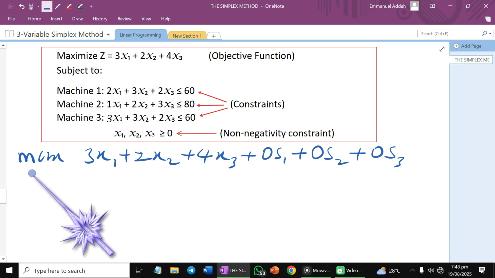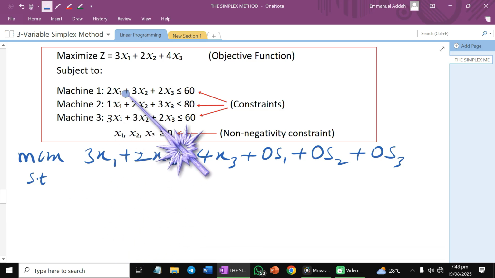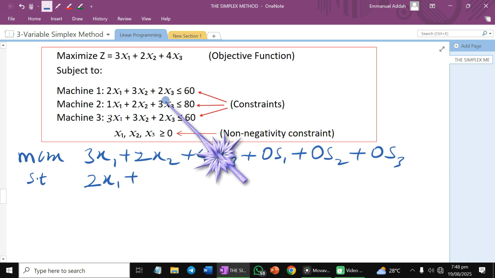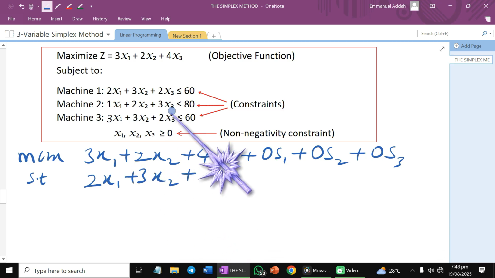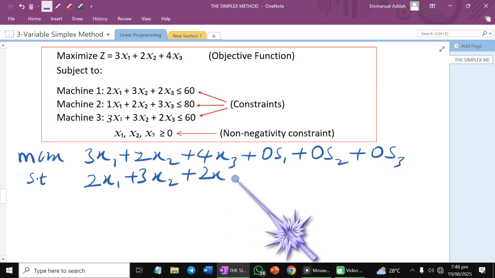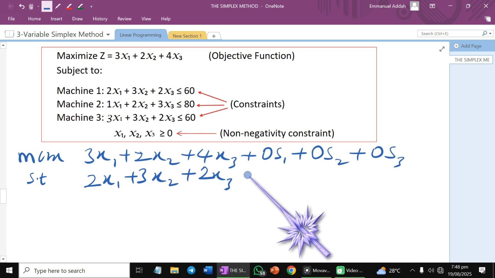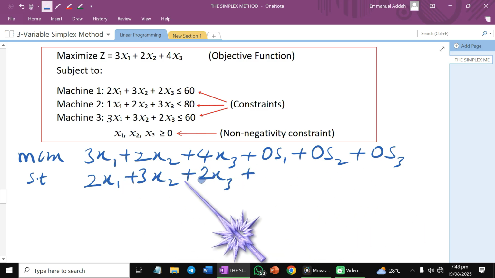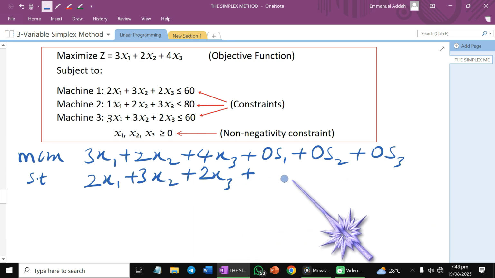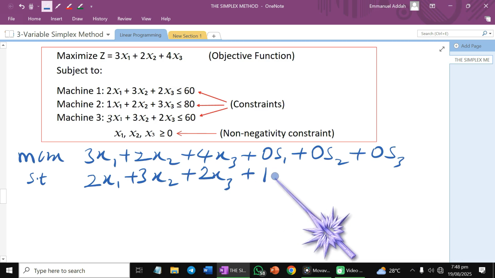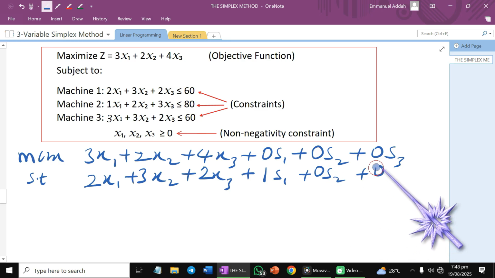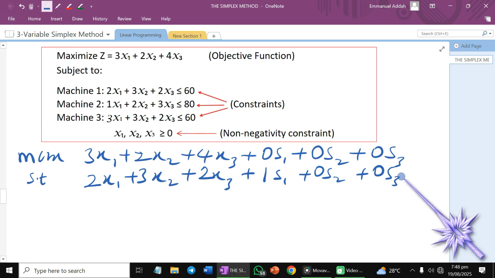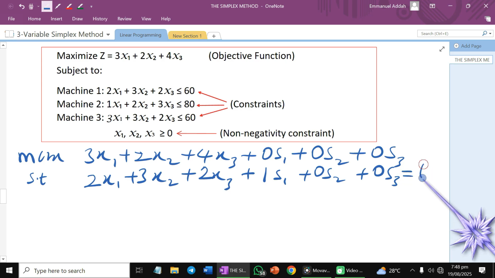Subject to the first constraint, 2x1 plus 3x2 plus 2x3, plus then s1 is added to this, so we add a 1 as a coefficient and 0 for the others. So here we have plus 1 s1 plus 0 s2 plus 0 s3, equal to 60.